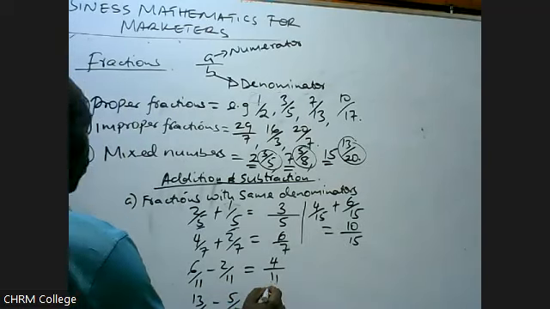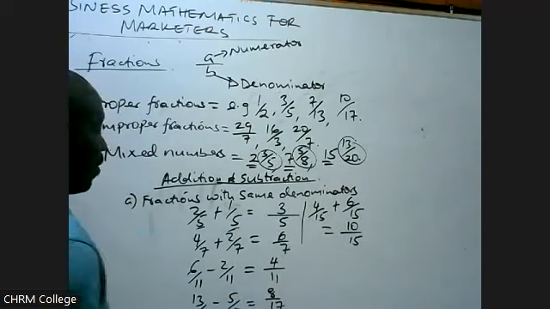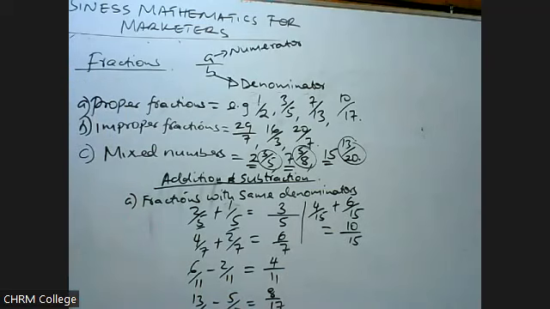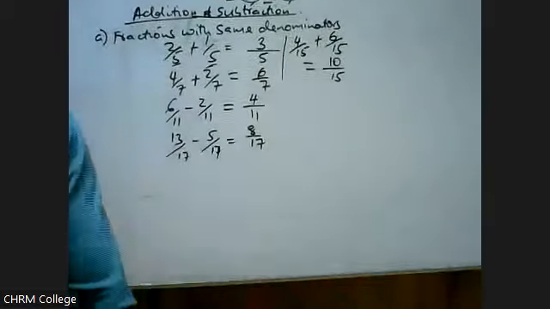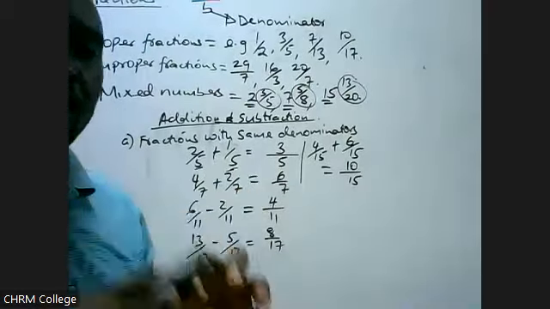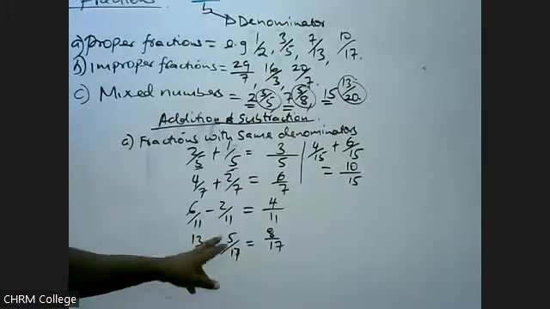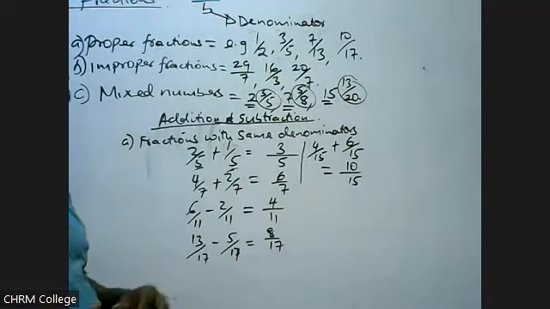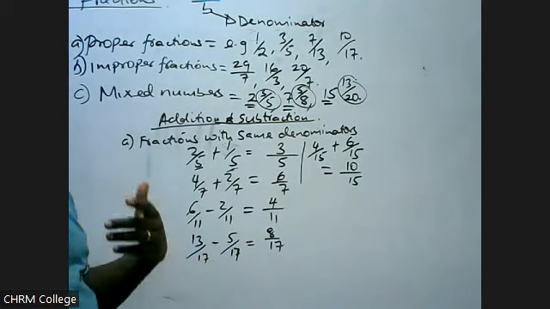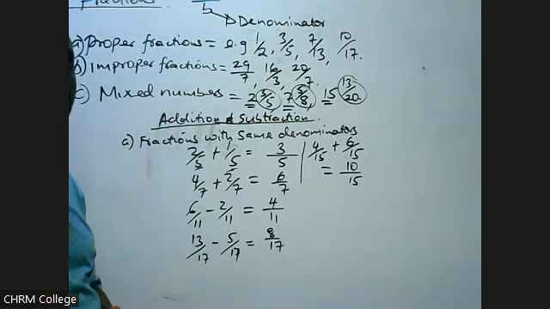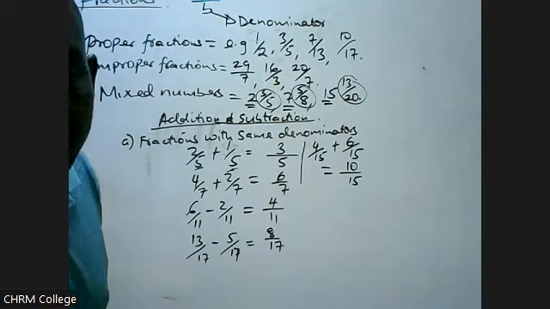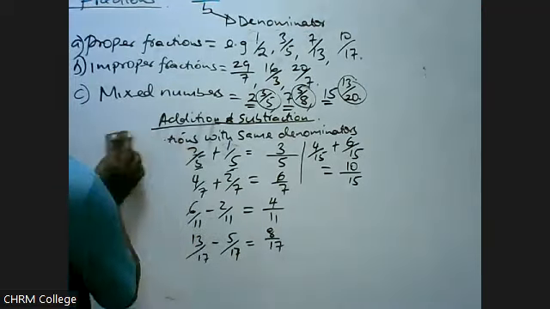Then you minus, this one will get what? 8 over 17. That is basic. When the denominators are the same, the answer will have the same denominator. And then either you add the numerators or you subtract the numerators depending on the sign that is in that particular expression.